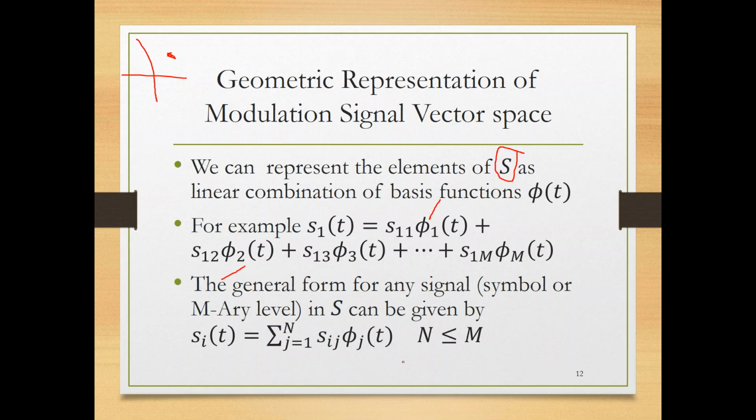The general form, therefore, can be given as follows. If you have n basis functions, your resulting signal, the one you transmit, is the combination of all of these. Now, the math says that you can have an infinite number of basis functions.